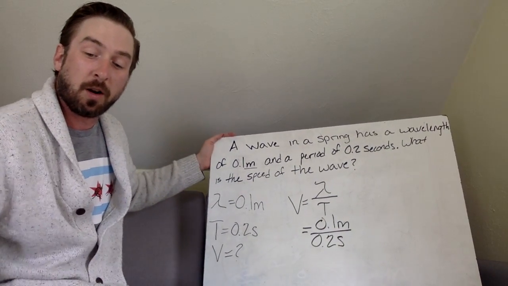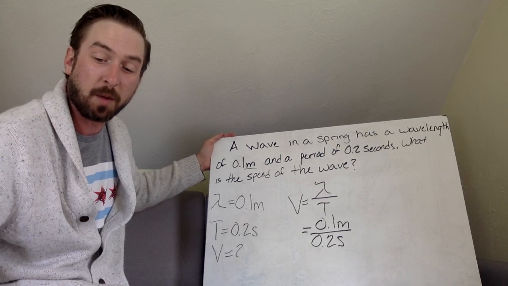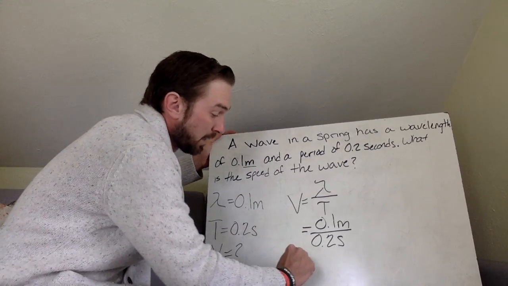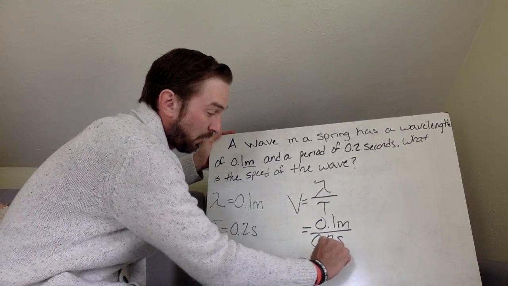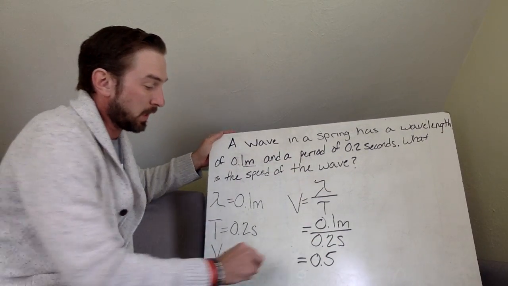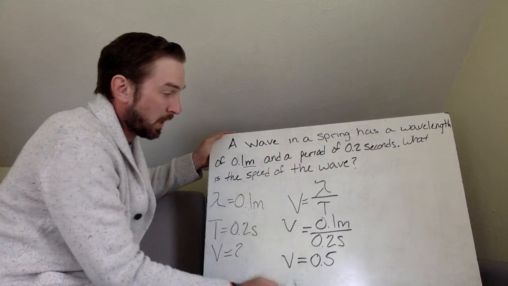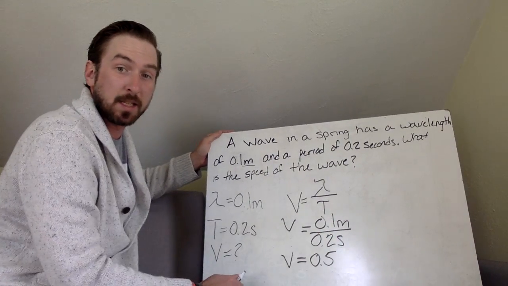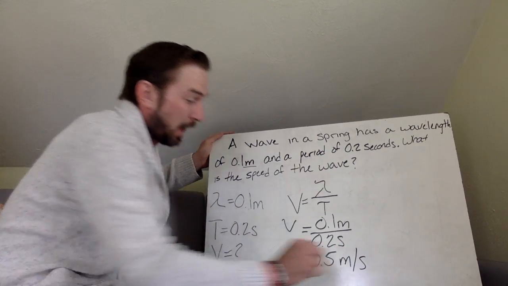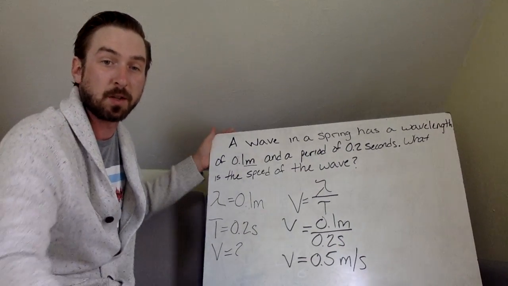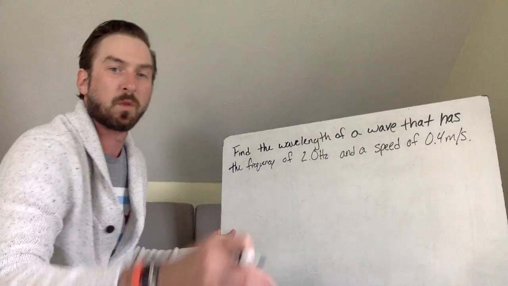Take the calculator, 0.1 divided by 0.2, and you would get 0.5. For my units for speed, it is meters over seconds and nothing cancels, so I would put m/s for my unit. That is problem 1.